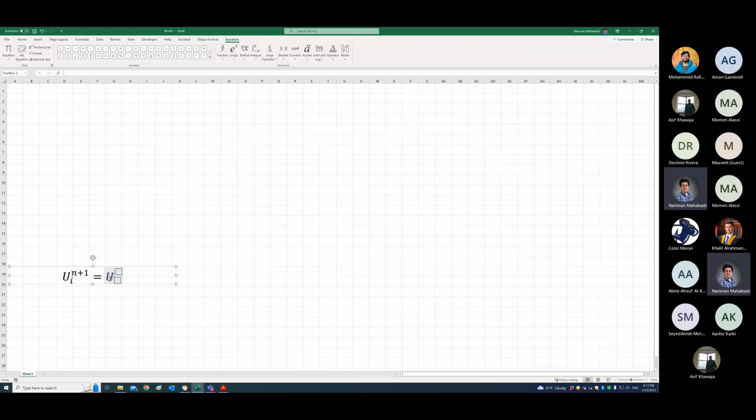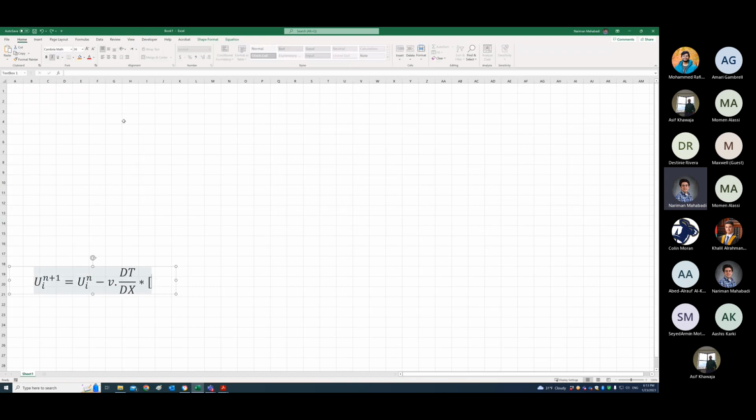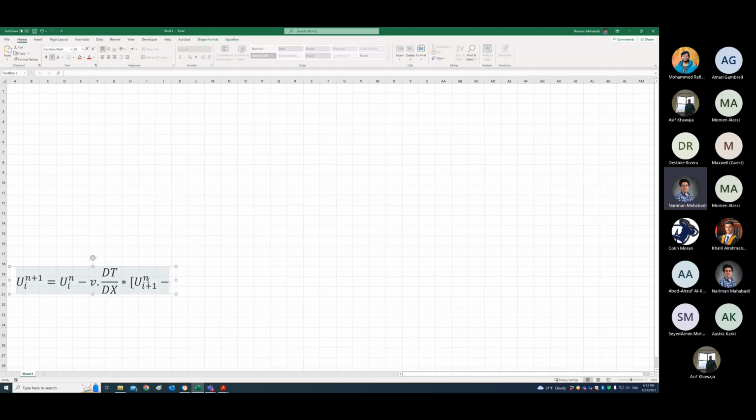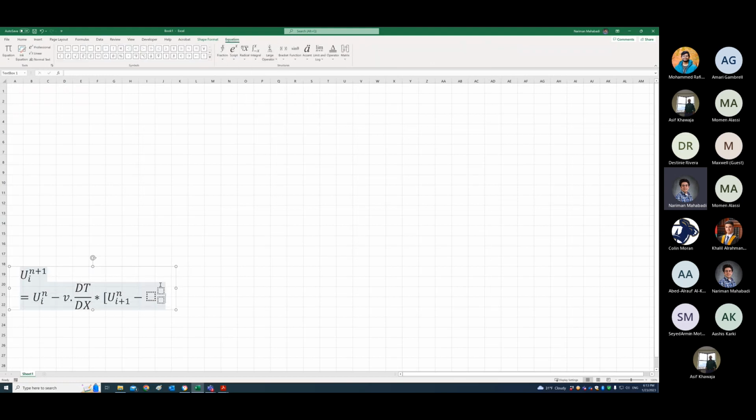So this is u_i, minus v delta t divided by delta x times (u_{i+1} at time step n minus u_i). So this is the entire equation, and this is my amplification factor.